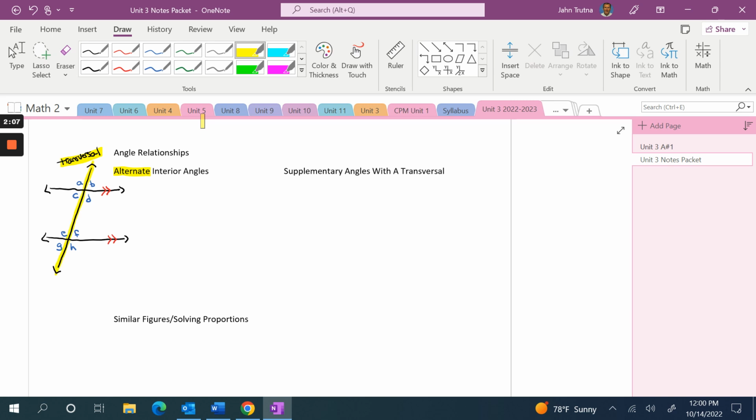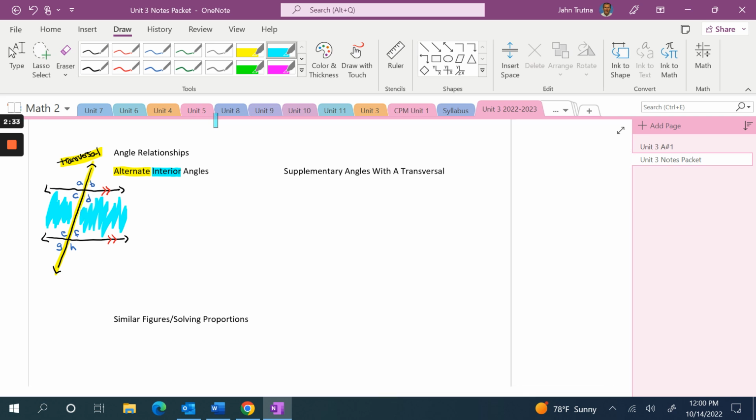So that means like A and F or D and E. Okay. But they have to be on the interior portion of the diagram. And the interior portion of the diagram would be everything in between the two parallel lines. So everything in the blue.